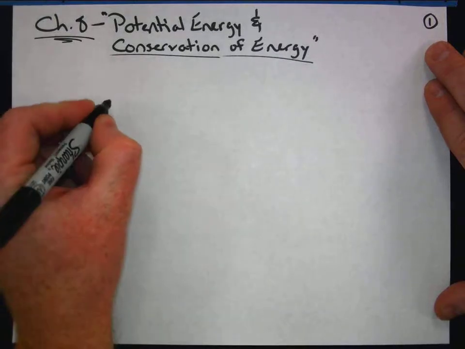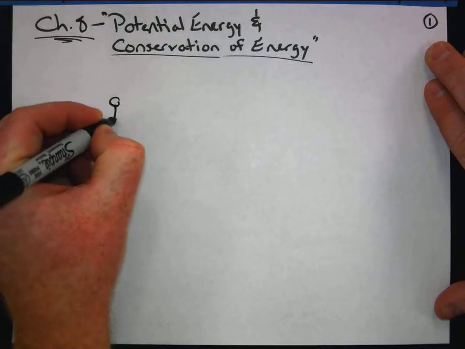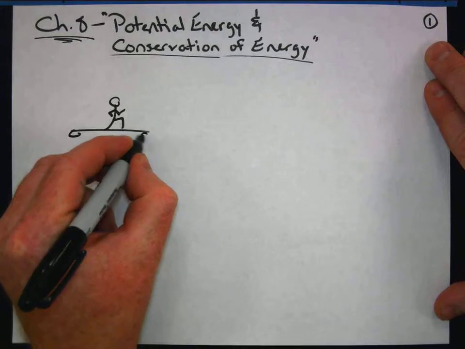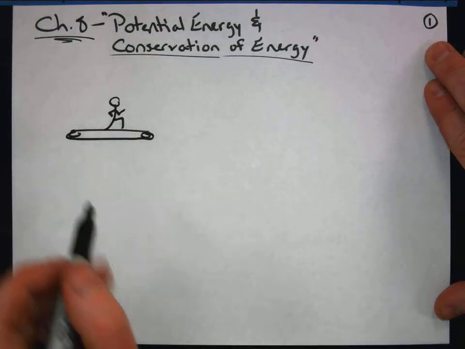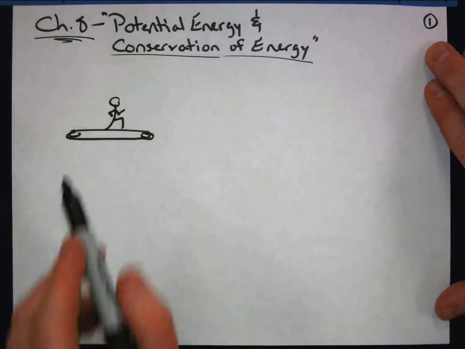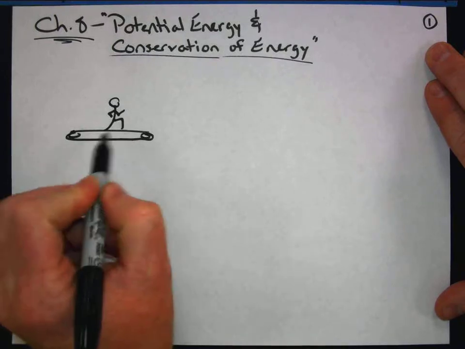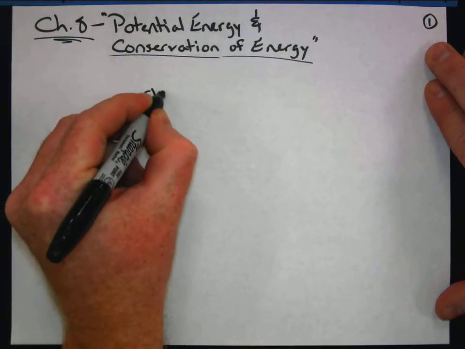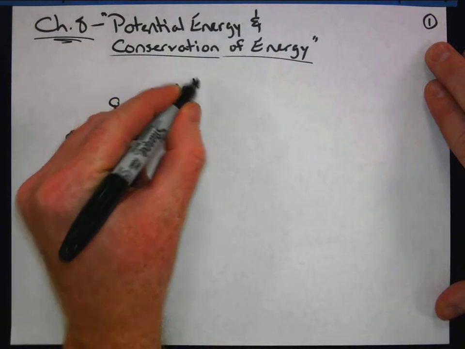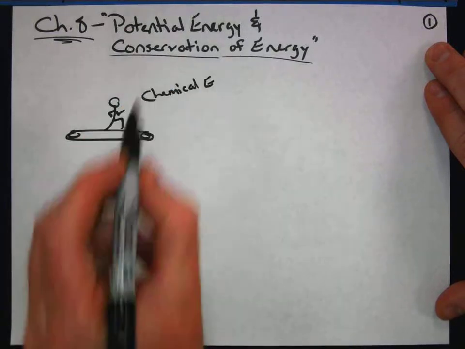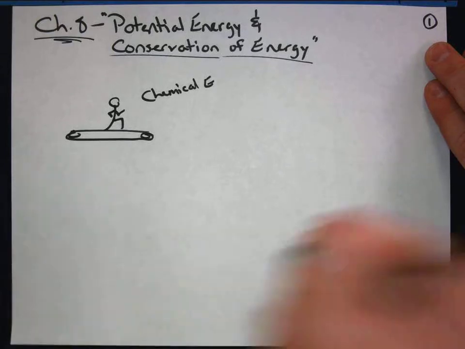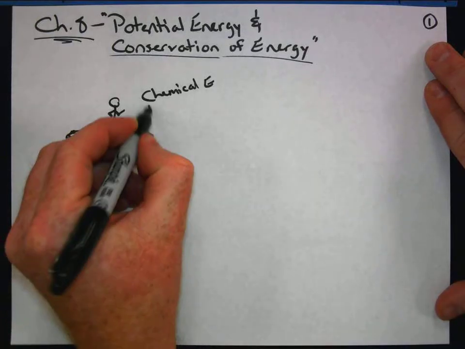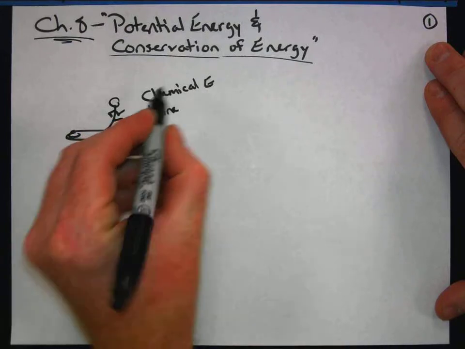So if you have a person running on a treadmill, then the treadmill actually might be a passive system. The person is using some chemical energy stored in their body, glycogen, fat reserves, all those things, and they're creating some kinetic energy from that chemical energy.